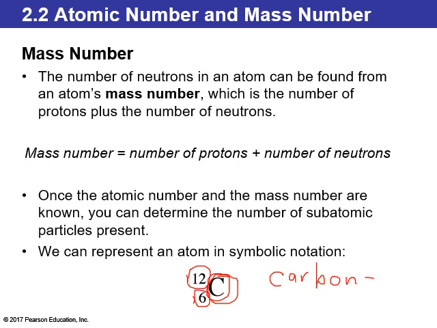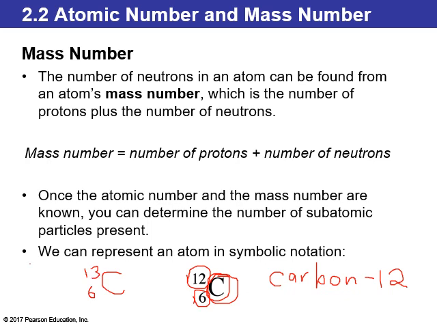We could write carbon 12. Now you could also have carbon with a different number of neutrons. So I could have carbon 13. So I'd have carbon, I have 6, and I could have 13 here instead of 12.